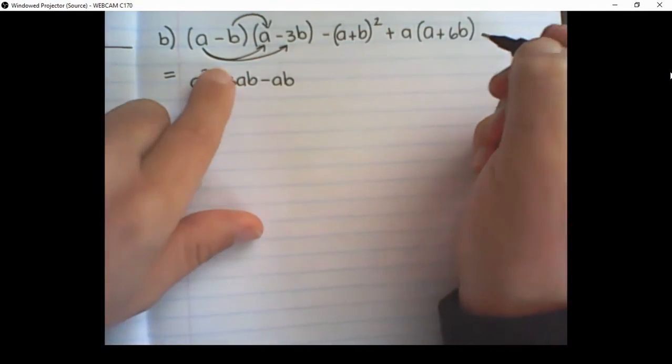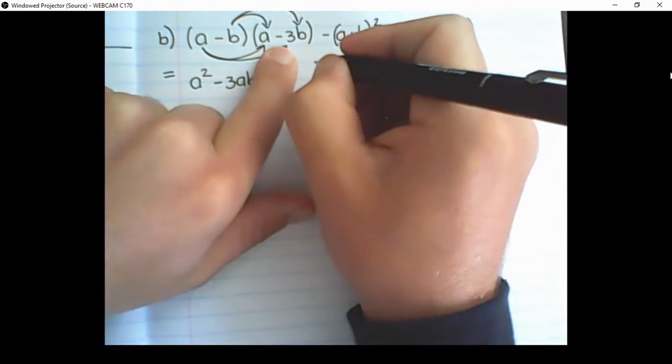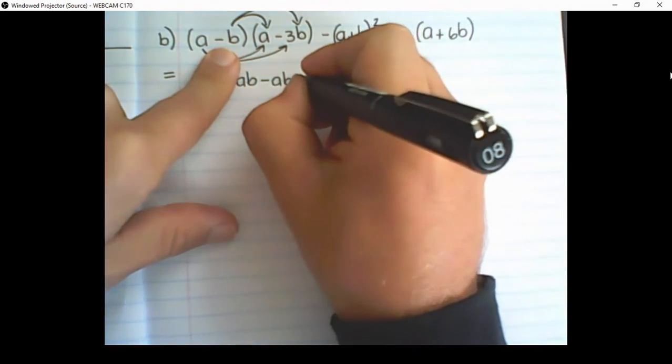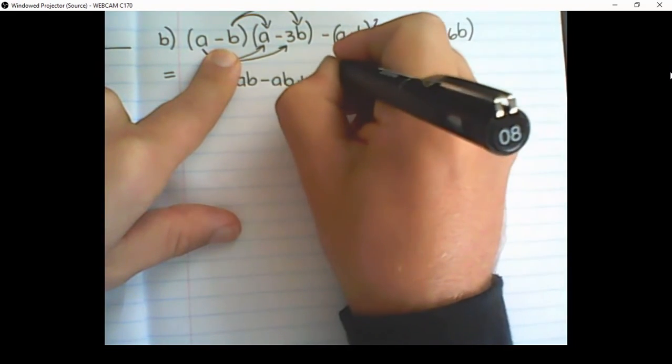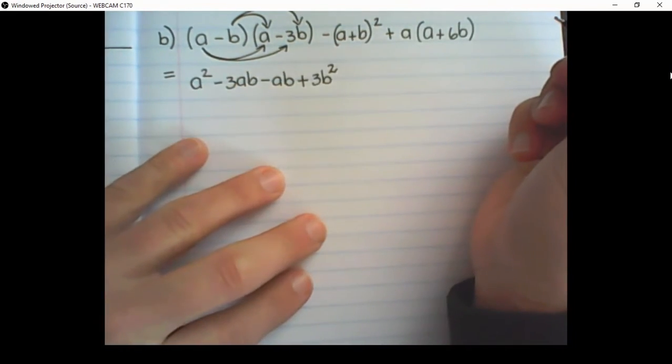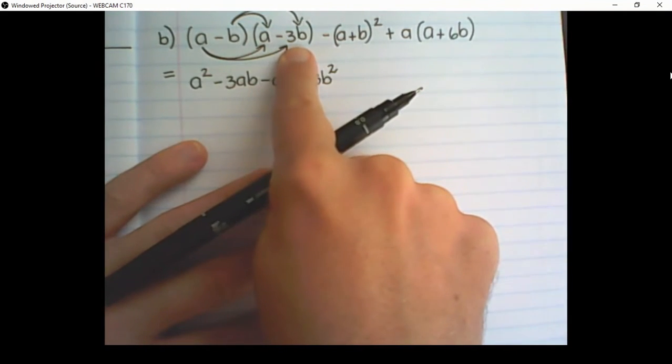Okay, and the last one is negative b multiplied with negative 3b. Negative multiplied with a negative becomes plus 3b squared. Now I have multiplied out the first set of brackets.